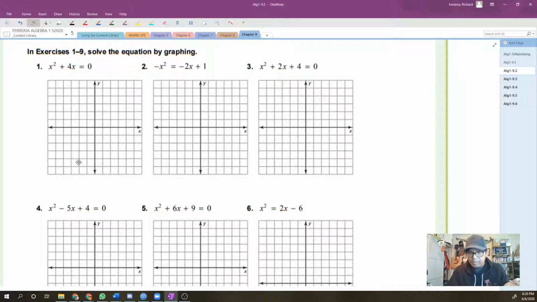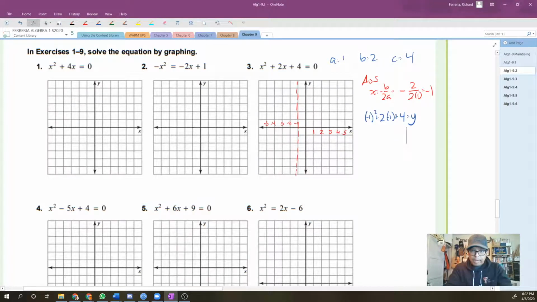Okay, so let's solve a couple of these by graphing. I'm looking at number 3, and that one looks pretty nice. So let's try 3. First of all, I'm going to figure out the values of a, b, and c. Next, I'm going to find the axis of symmetry. Next, I'm going to substitute the x-coordinate of the axis of symmetry in order to find the vertex.